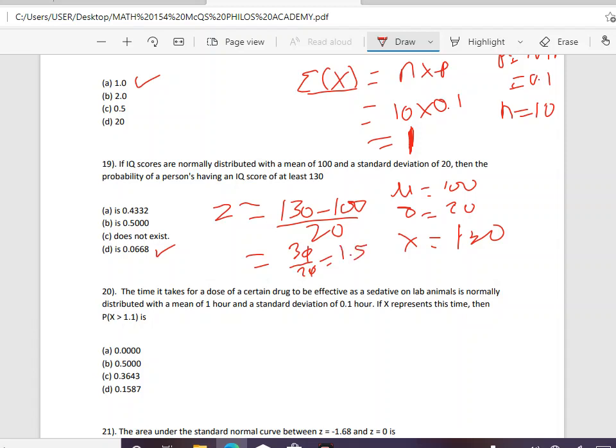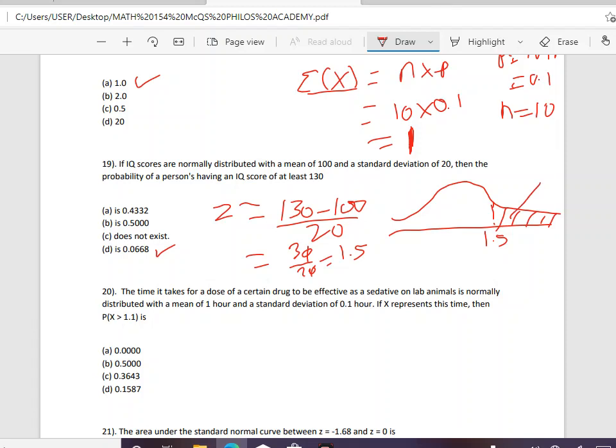But the question says at least 130. So let's sketch a curve and see at least 130. So we now have our 1.5 here, right? At least means minimum. The lowest should be this. Meaning you should find this area and subtract it from 1 to get this place.